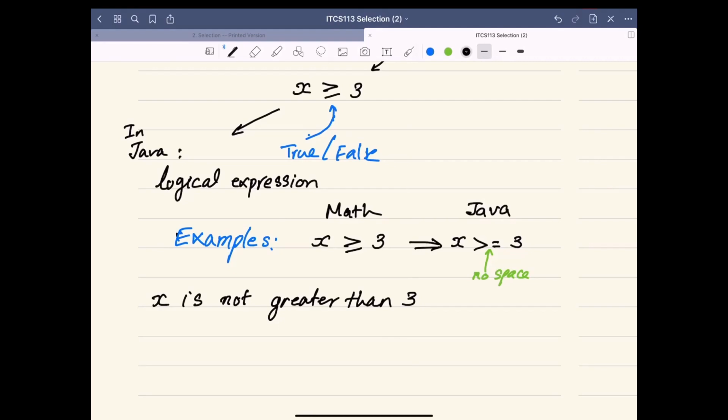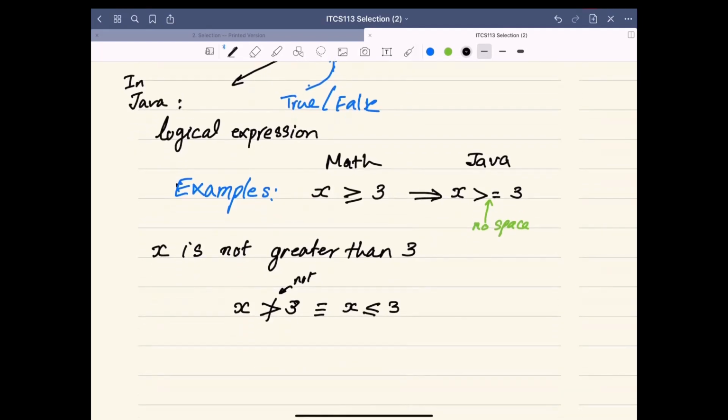We write x greater than 3 and put an inclined line through it, which says not. You know that there is an equivalent way of saying this. If it is not greater than, then we can say it is less than or equal to 3. So both are equivalent, but they are written in a different way.